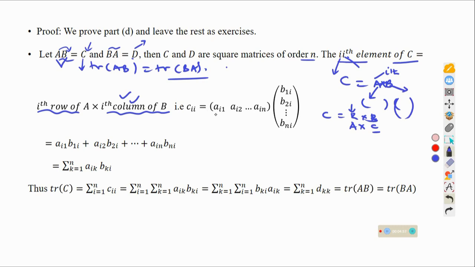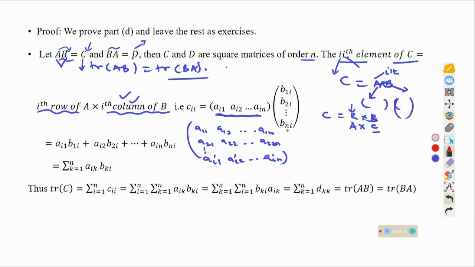So what will that be? The ith row means we are maintaining the ith row constant. If you have your matrix with A11, A12 up to A1n, then A21, A22 up to A2n, and next, the row which is the ith row, it will be Ai1, Ai2 up to Ain.